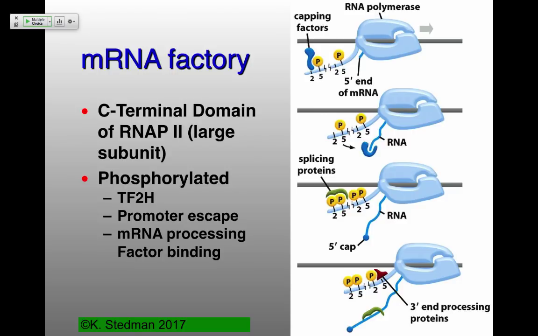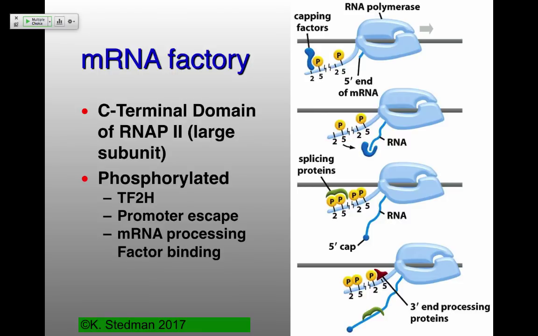Factors are almost always proteins or combinations of proteins. So here we have the capping factors that are associated with this C-terminal domain. As transcription takes place, there's change in the phosphorylation on this CTD, which then allows binding of proteins that are important for splicing, and finally those that are important for 3' end processing.